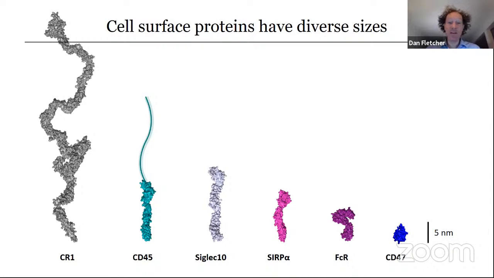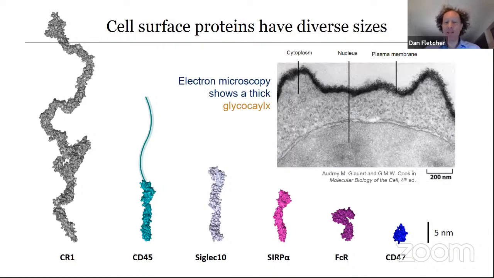We also know that for many years from electron microscopy, which has captured the thick glycocalyx that can be found on some cells. So it's not just the proteins, but it's the glycans on those proteins that create the size and create a very complex interface that other cells must interact with.